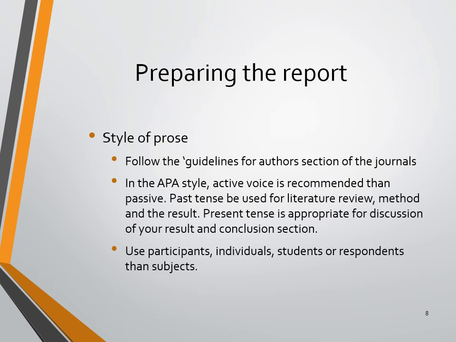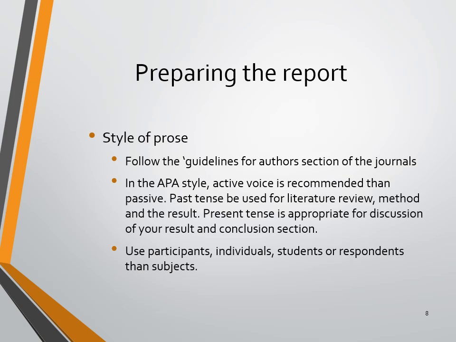Okay. In the APA style, past tense is used for the literature review, method, and the result. Because if you have already done your research, but in your proposal, the method will still be maybe future tense or the present if it's applicable. Present tense is appropriate for discussion of your result and conclusion section.